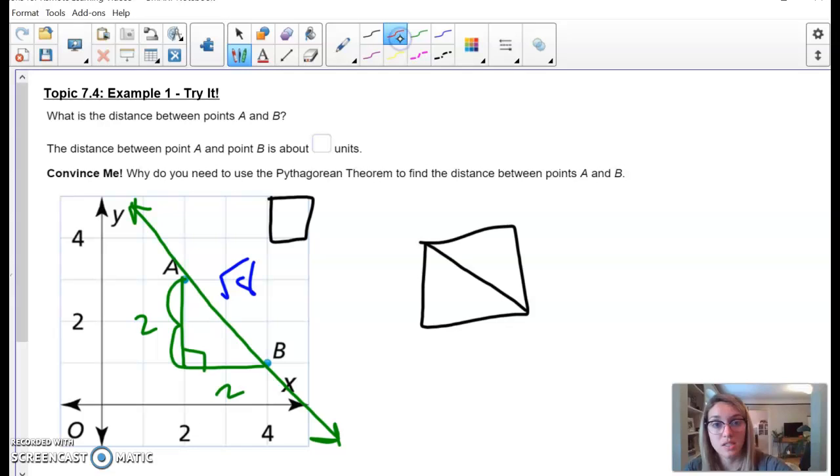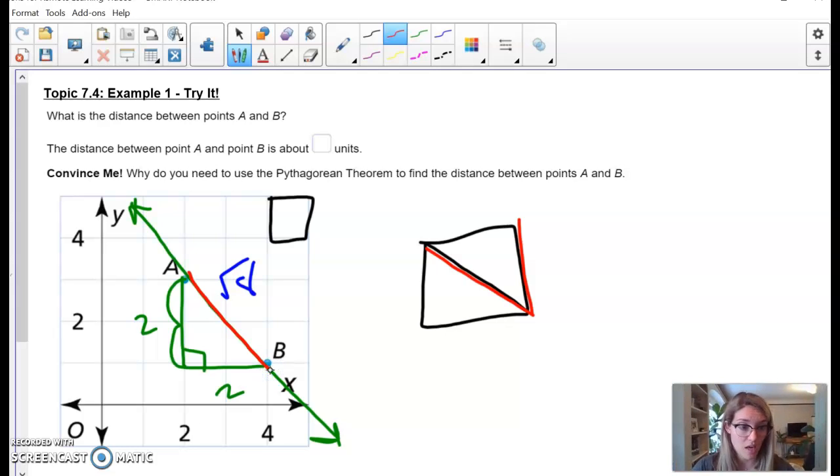Is this diagonal equal to this length of the side? Because if I was to count and figure out how long that side is based on diagonals, I would say 1, 2. But it's not 2 units long.